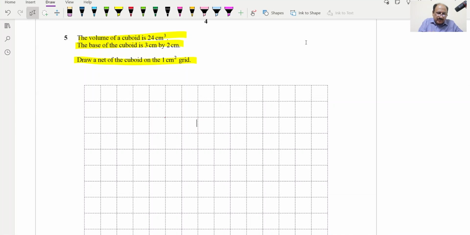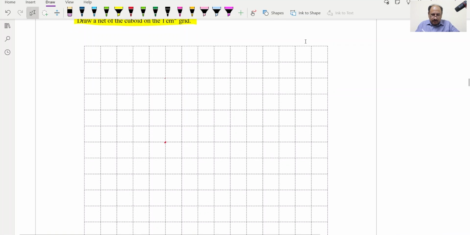So basic condition is base of the cuboid should be 2 by 3 and the volume should be 24. So for base we can take a little central location, so we can start, for example, from here, and 3 by 2, so 3 is this one and 2 is this one, and we can draw accurately.